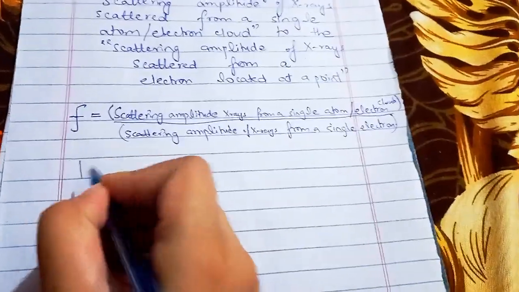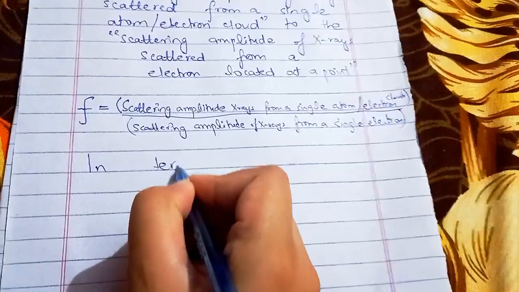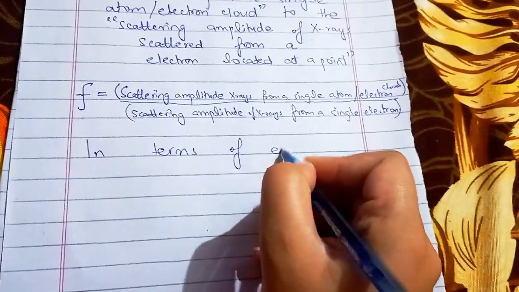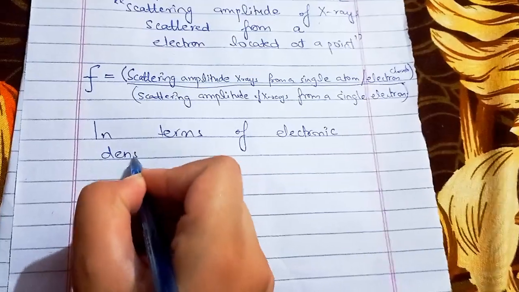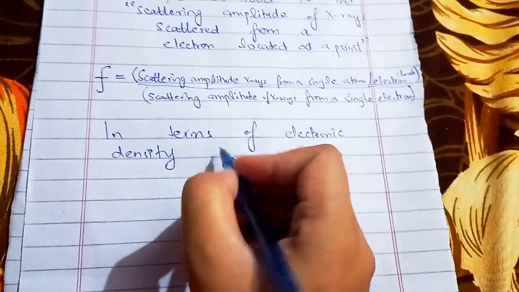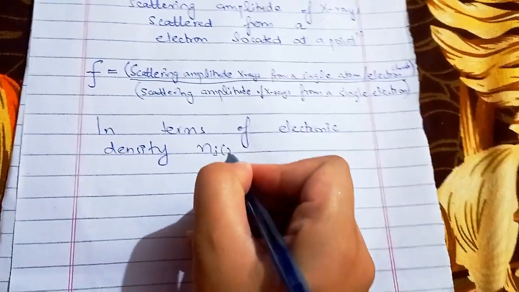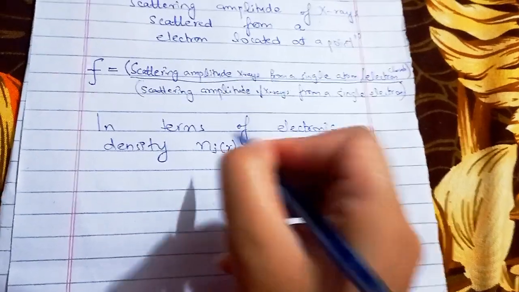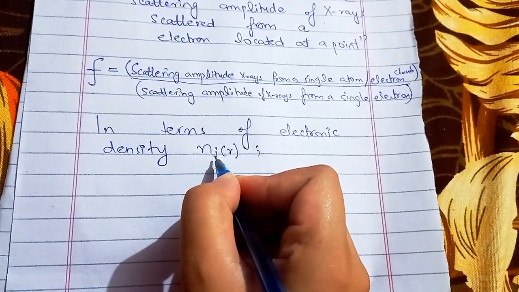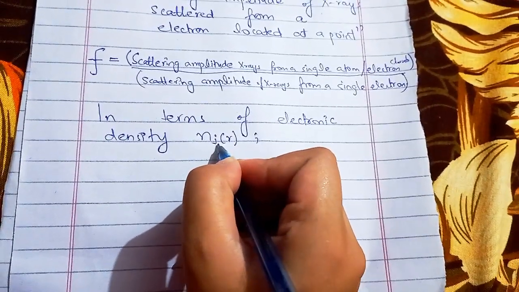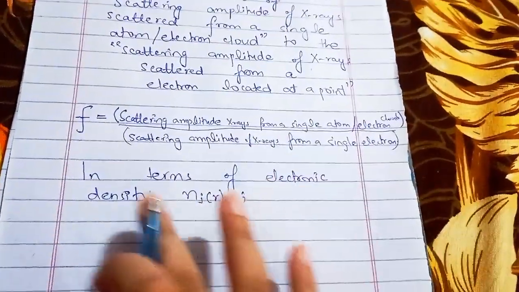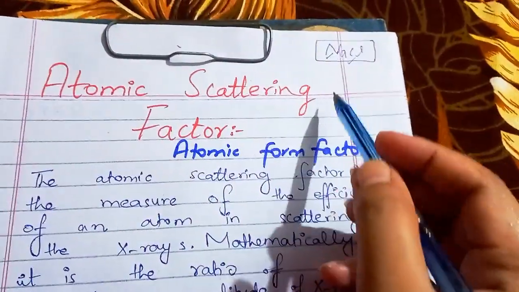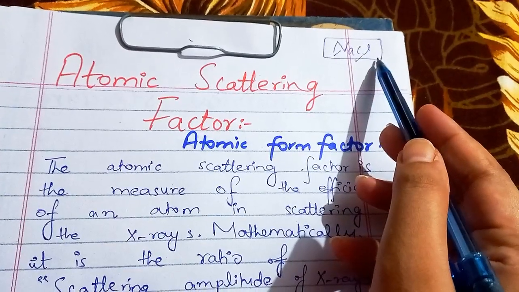Then we can proceed in terms of electronic density, which is Nj of R. N is the electronic density symbol. J shows which atom you are considering. As I told you people, a unit cell of NaCl has two kinds of atom.